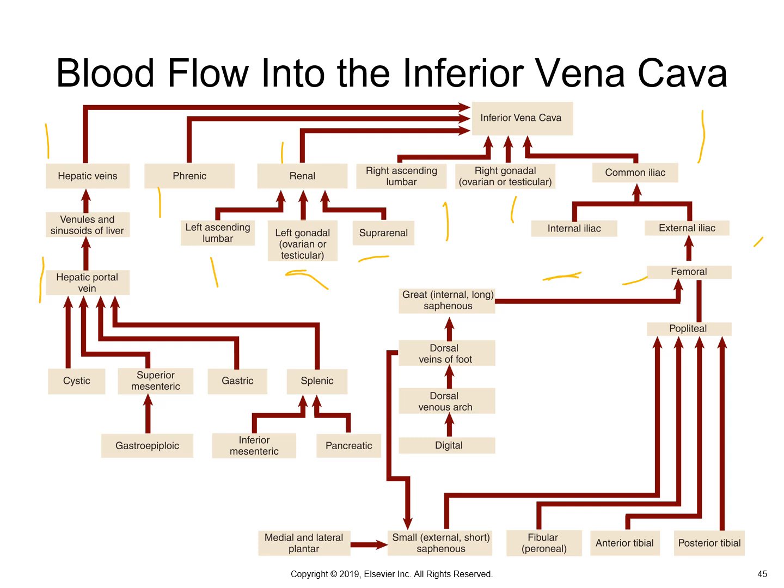We call these collateral veins, and collateral veins can help compensate for some of the blockages in the IVC, like in cases of deep vein thrombosis or IVC compression syndrome as well.